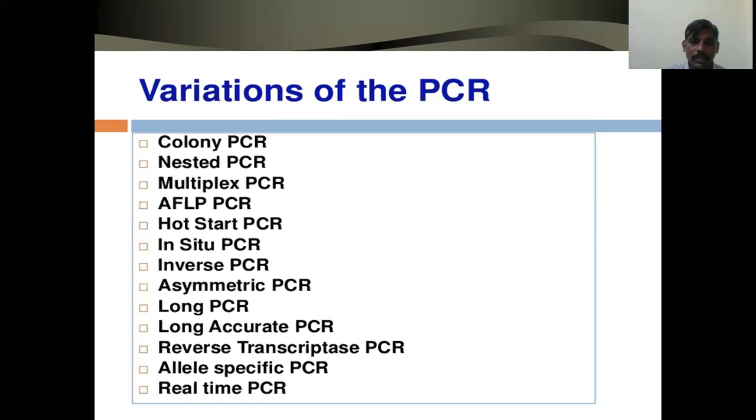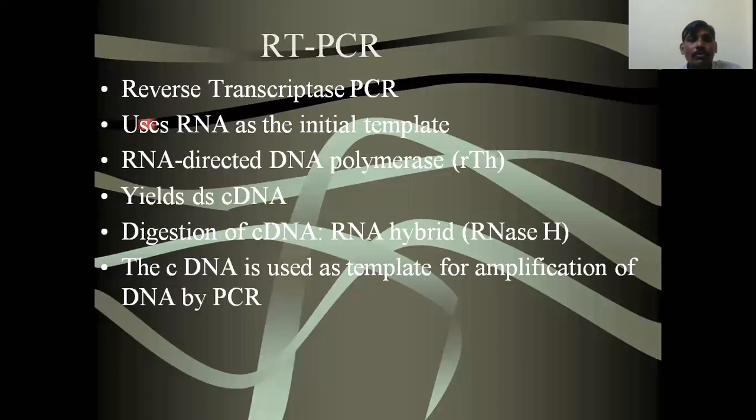One type of PCR we know very well during this COVID pandemic situation. Everybody knows that in the hospitals, a patient suffering from COVID virus infection is confirmed by one confirmation test, that is RT-PCR.